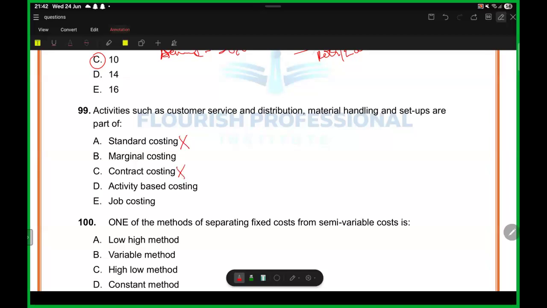It's also not contract. So we have marginal costing and activity-based costing, and these are costing techniques. Now, marginal costing is done based on incremental. So where we have activities, what should come to your mind is activity-based costing.